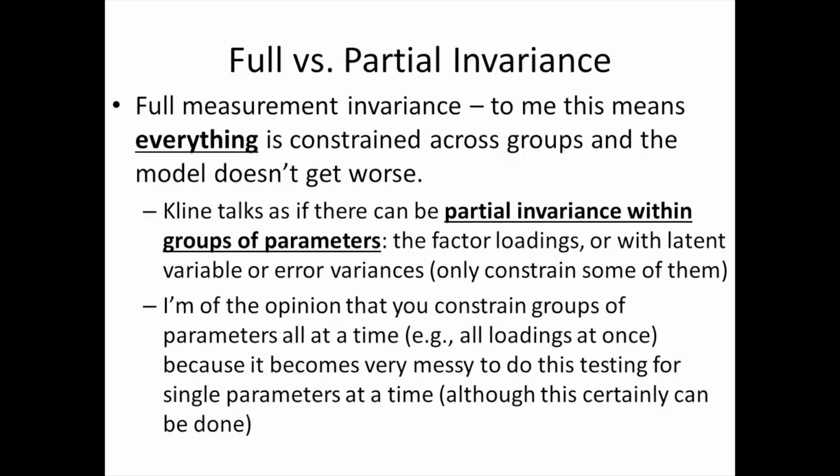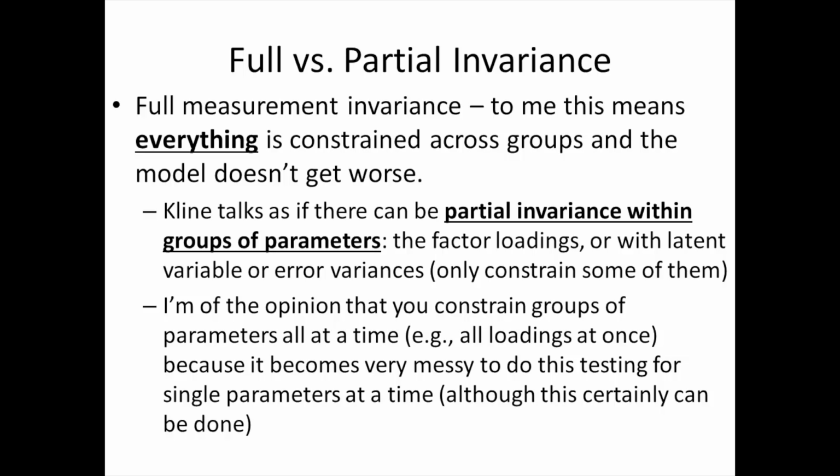If you test each factor loading and each intercept and each error variance, and you're doing one at a time, when you get into more complex models, it's just crazy making. And part of the trouble that you run into is, what does that mean then? Let's say that you have partial invariance within factor loadings or within intercepts.